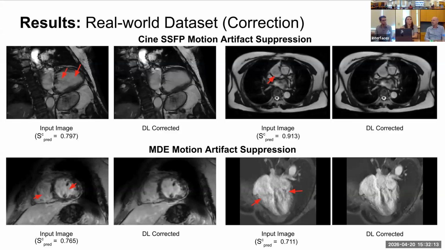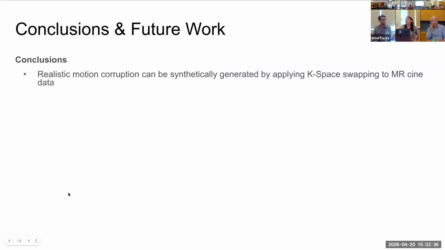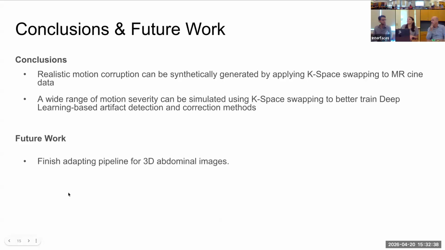Because no one's going to know for certain what it should look like. But one nice thing is you can see some of the valves a little bit better on the corrected image. Also, it's a little hard to see here, but a lot of the blurring artifacts have been removed as well. I'll go through this quickly.